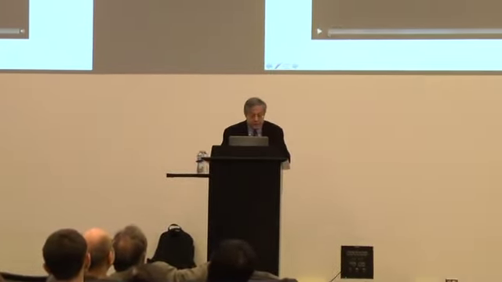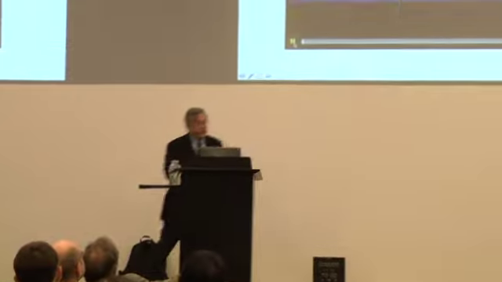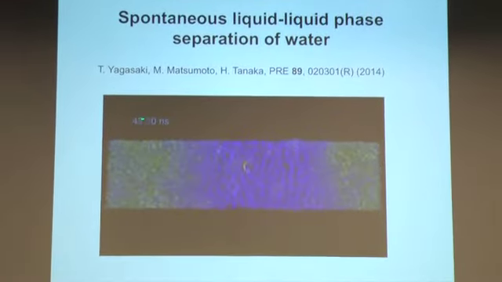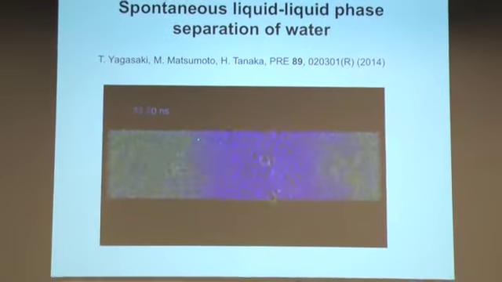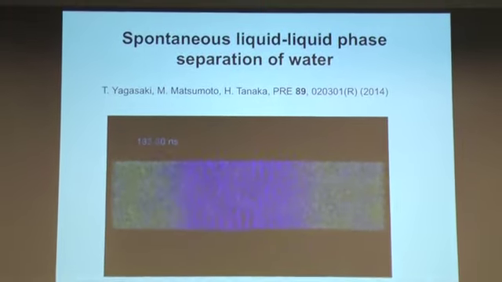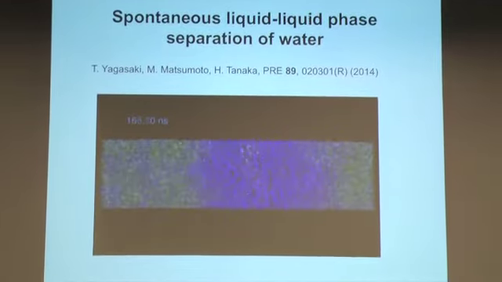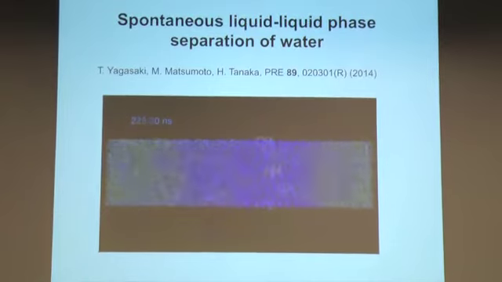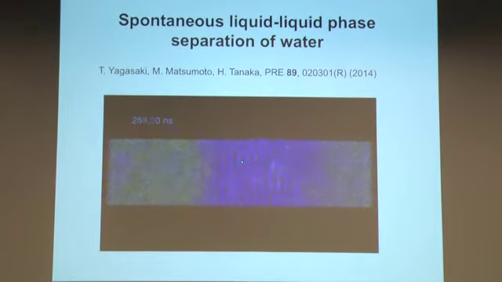And what one sees here, let me see if I'm able to do that. So over a very short time scale of about 10, 20 nanoseconds, there is a separation between these two liquids. And this is the low density liquid. The interface is fluctuating, and there are, once in a while, little ice nuclei that form but disappear.